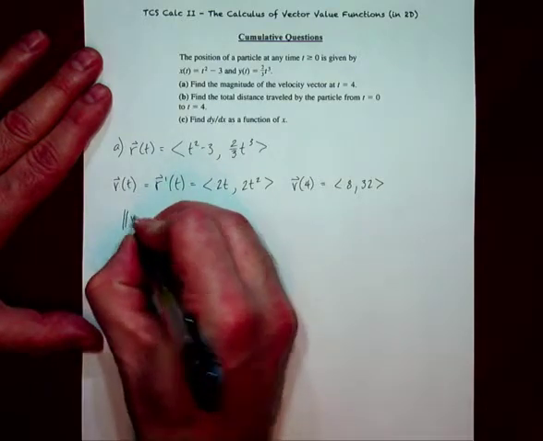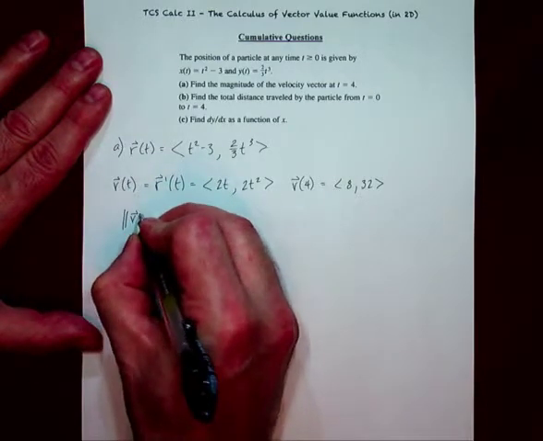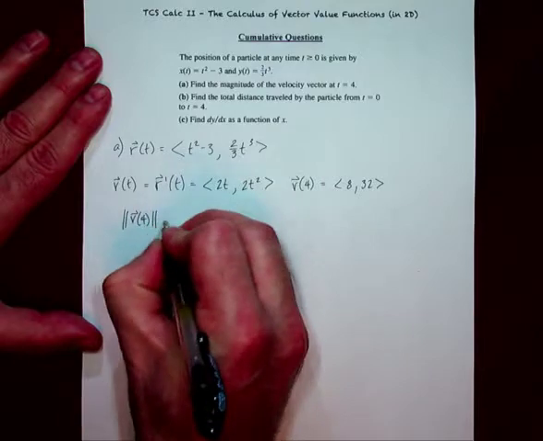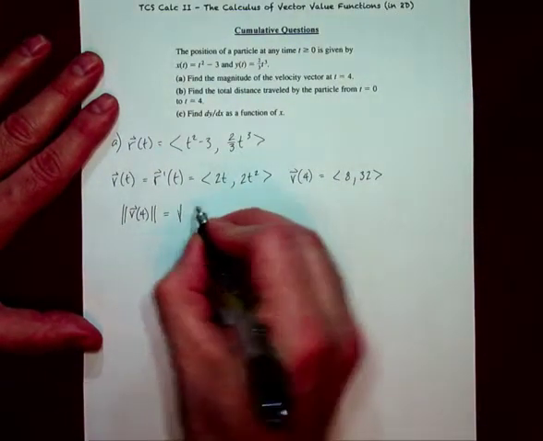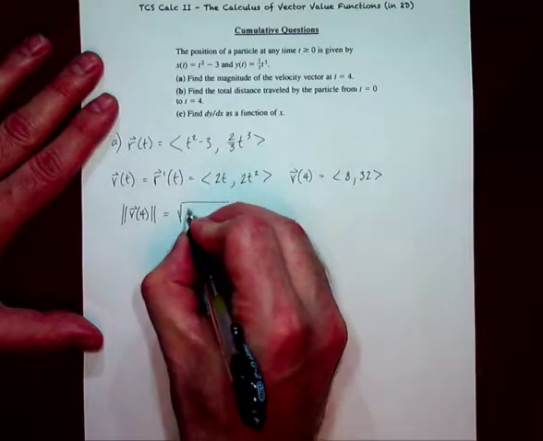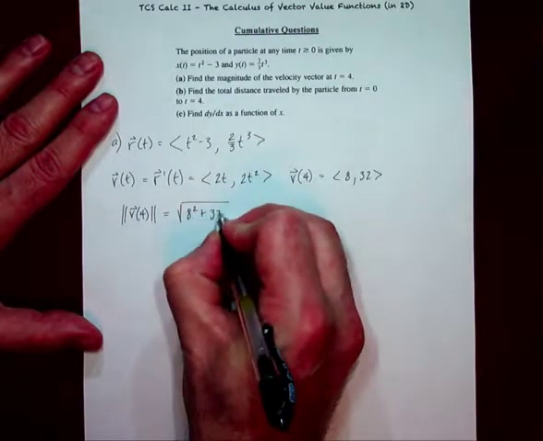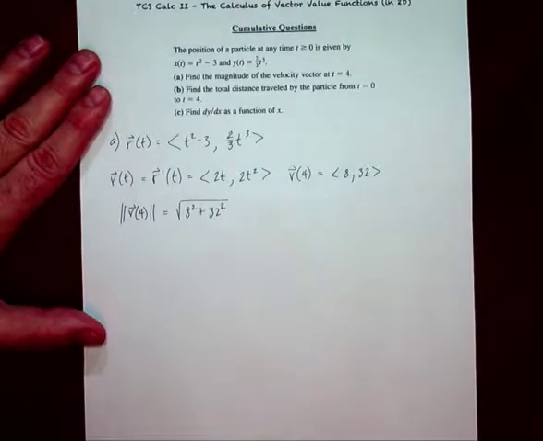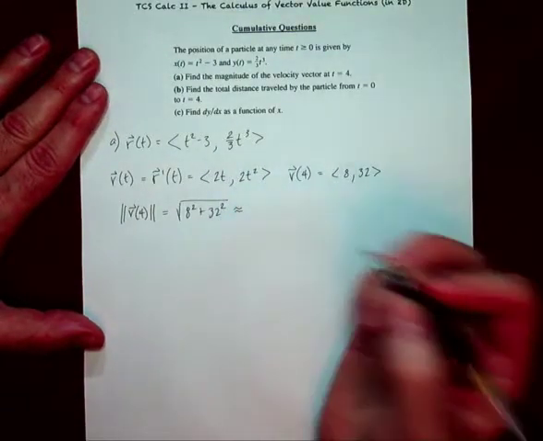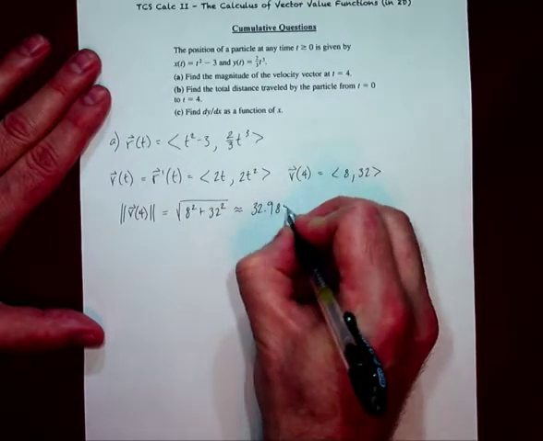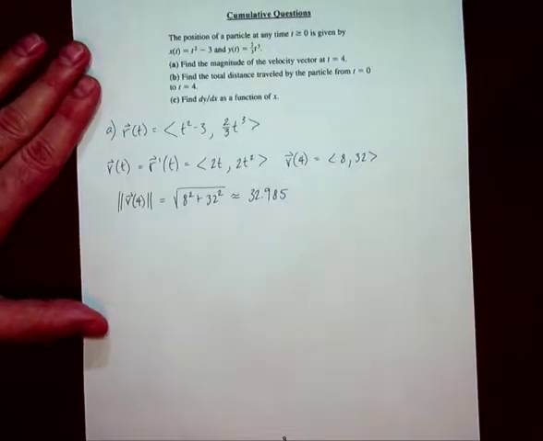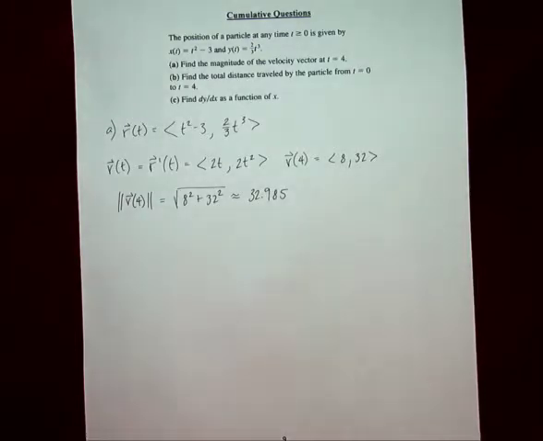Usually that's either double bars or single bars. I like the double bars. It's asking for the length, which is just the distance formula or Pythagorean theorem, so it will be the square root of 8 squared plus 32 squared. You can plug that into your calculator and get 32.985.